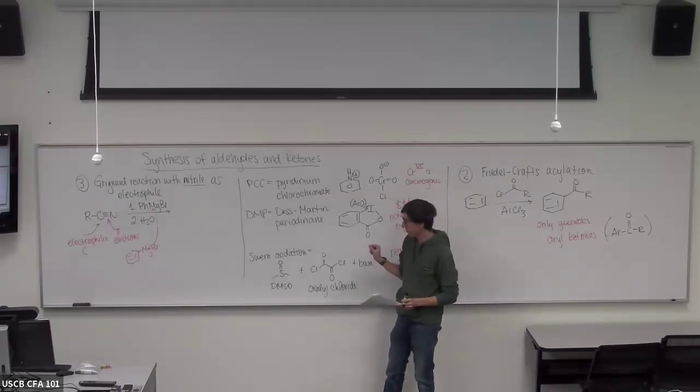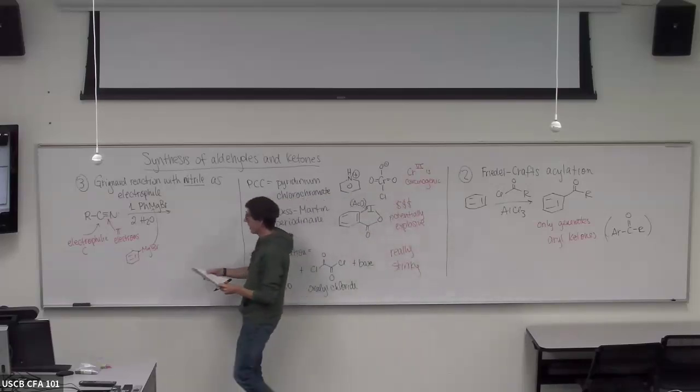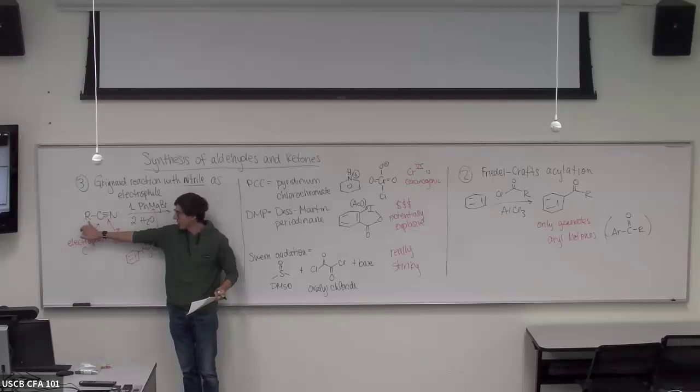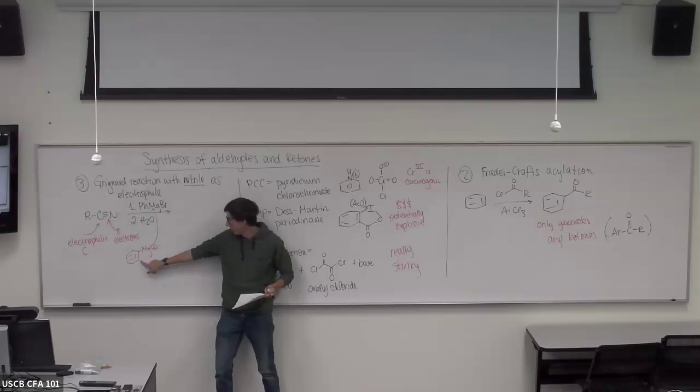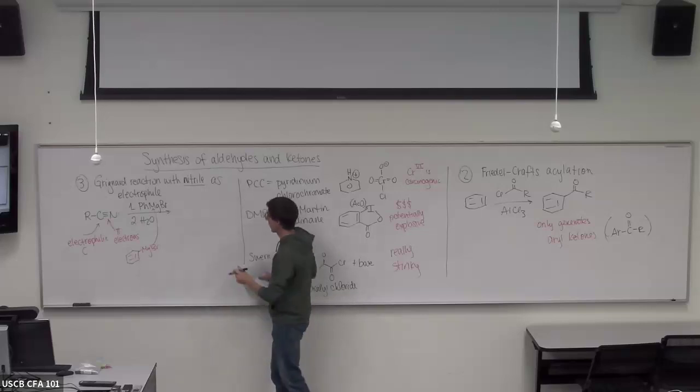The product of that reaction is going to be a ketone. And it's going to have the R group from the original nitrile and the phenyl group from our Grignard reagent.